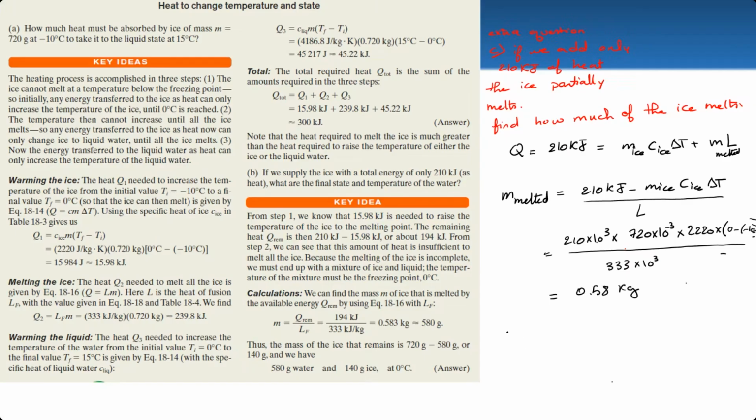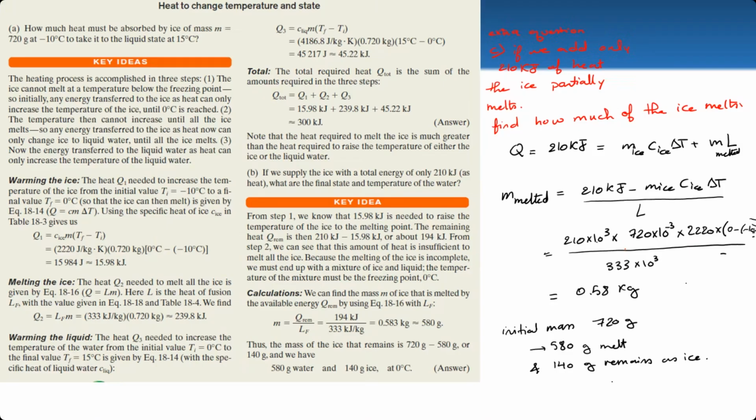The initial mass was 720 grams. So 580 grams melt, and well, 140 grams remains as ice. We obtain a mixture of both ice and water.